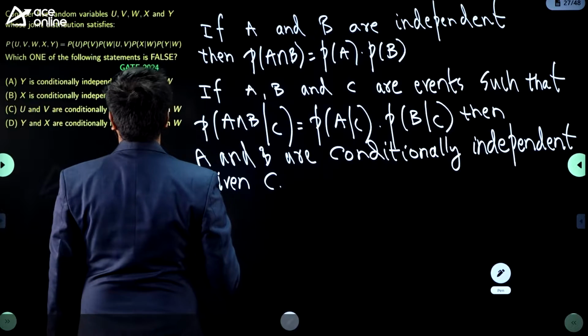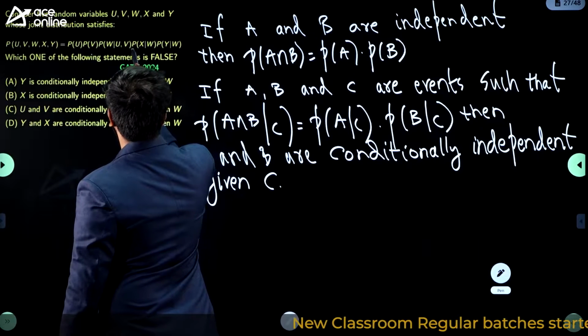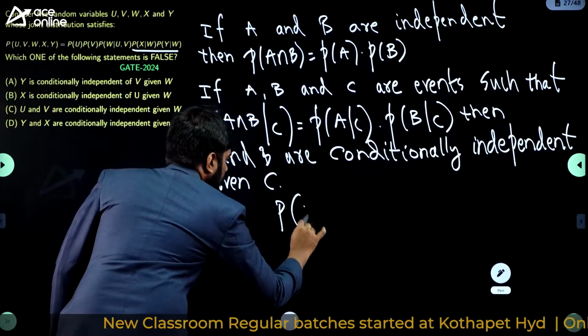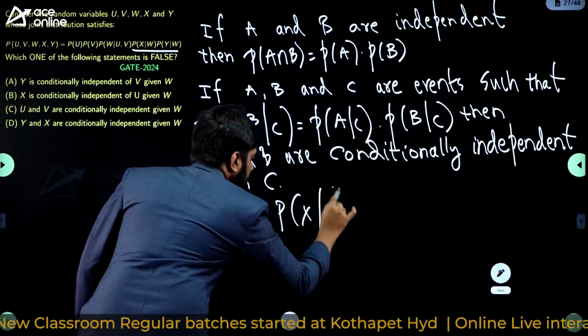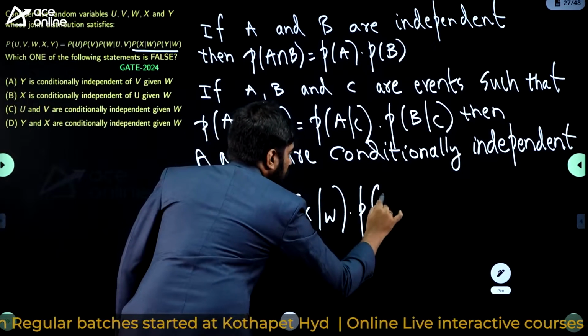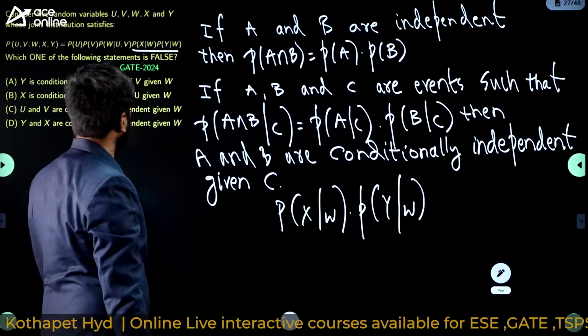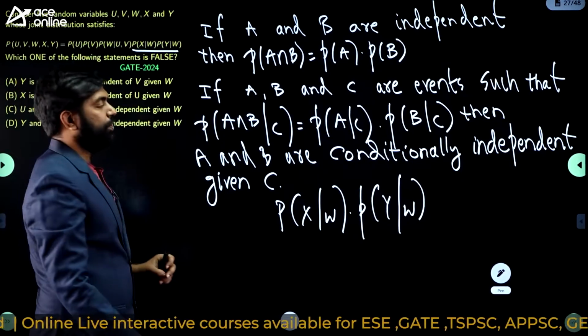So, I see that there is a term like this, have a look at this, P of x given W into probability of y given W. Can you see a term like this in the given equation? Yes.